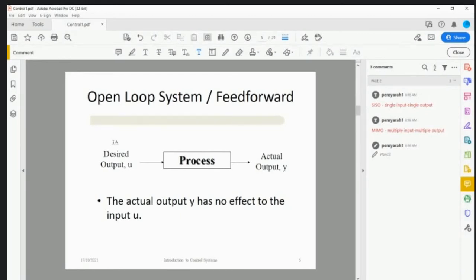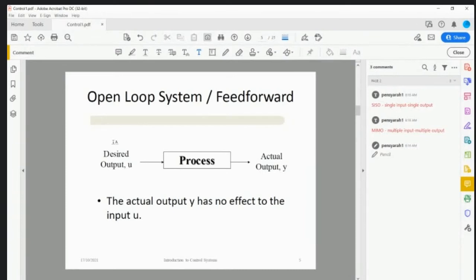When you turn on the toaster, it will provide you a toast, but the system doesn't know whether the toast is what you desire or not.